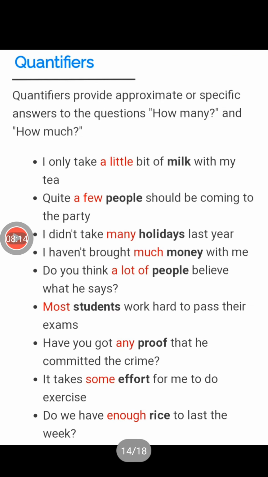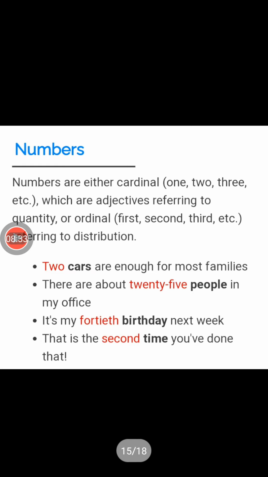Then we have quantifiers here. A little bit of milk, a few, many, much, a lot of, most, any, some, enough. There are negative senses also, and I have covered it in my audio. Please refer to that for further explanation. And there are numbers also, 2 cars, 25 people, second time.